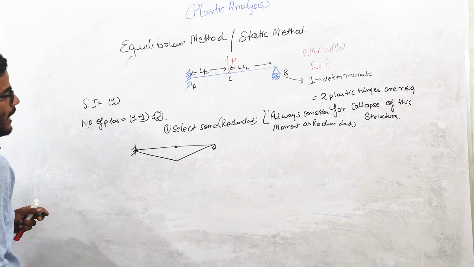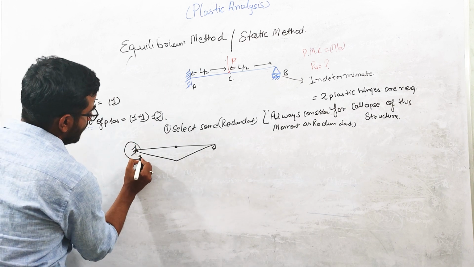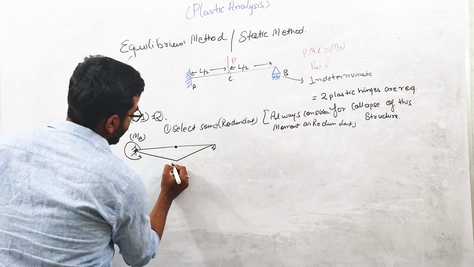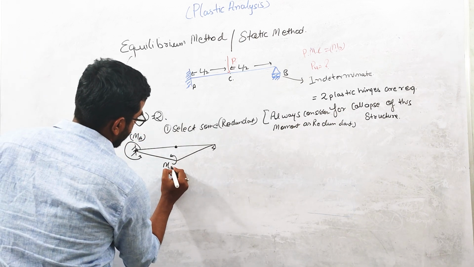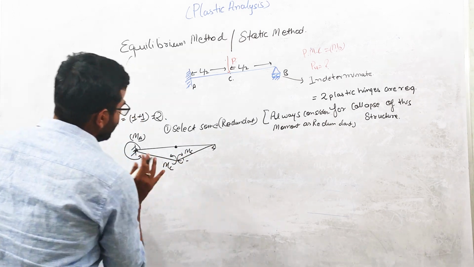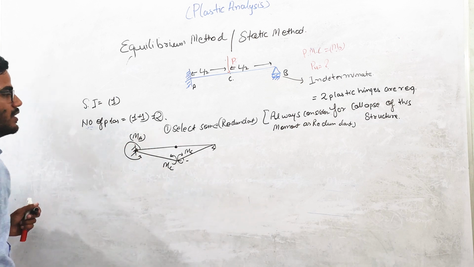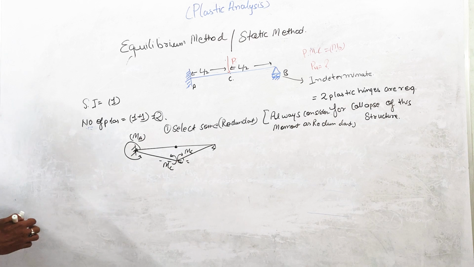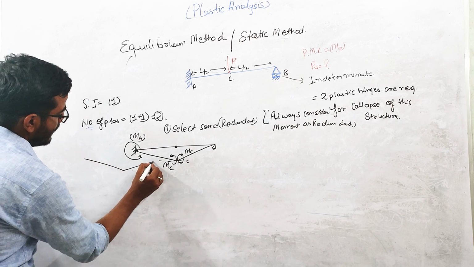The deflection during collapse will look like this. At this end the moment direction will look like this, MA. Here the moment will be MC, and here the moment will be MC. You always take the direction of the moment opposite to the rotation, so keep that in mind. Here you can see the beam is deflecting like this.